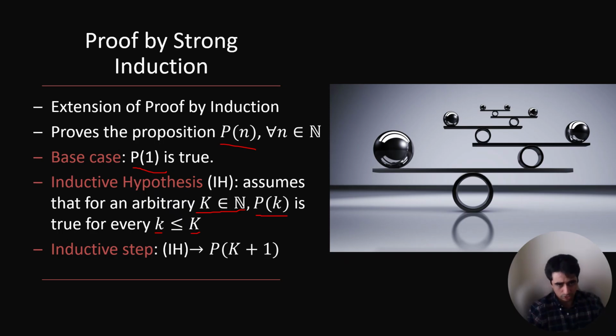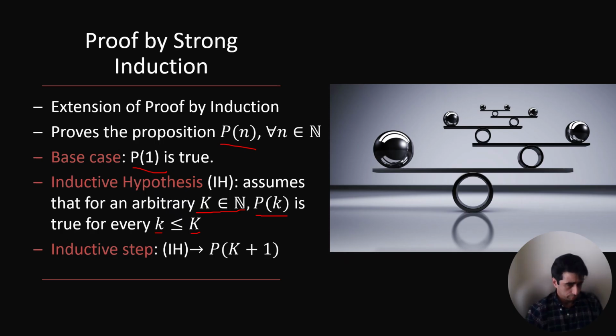This is strong induction. What was the inductive hypothesis for weak induction, which is more popular? For weak induction, this should be only focused on capital K, not every lowercase k less than or equal to K. For example, if capital K is 100, weak induction only assumes that the proposition is true for number 100. But strong induction assumes that it is true for all numbers from 1 to 100. That's the difference.